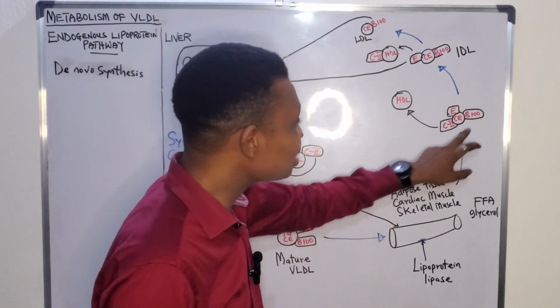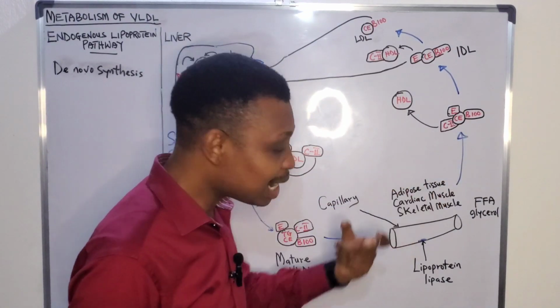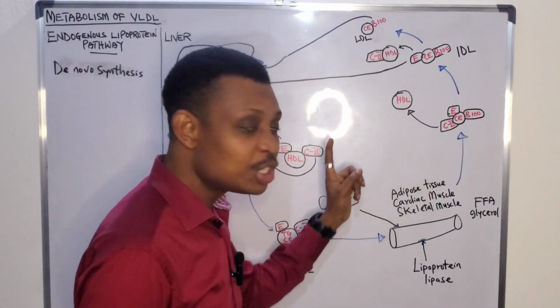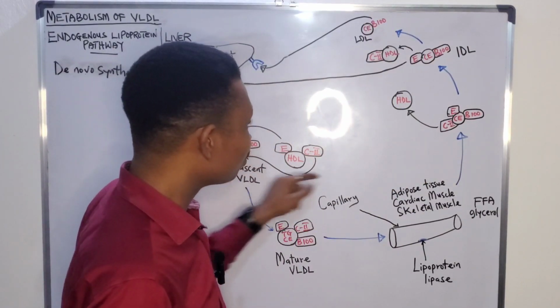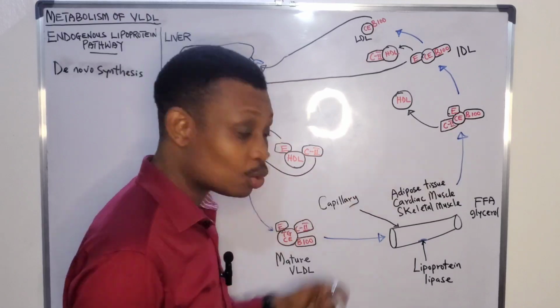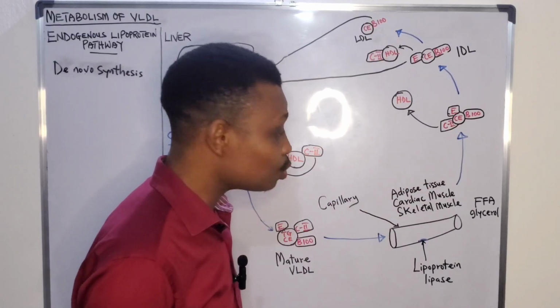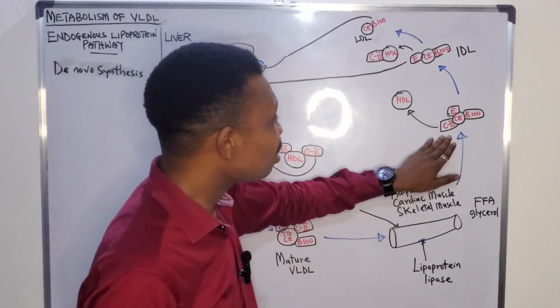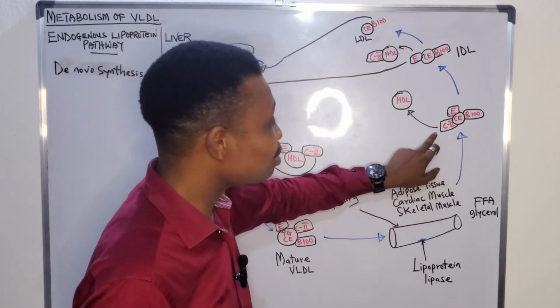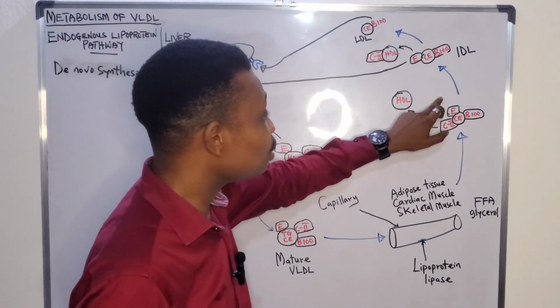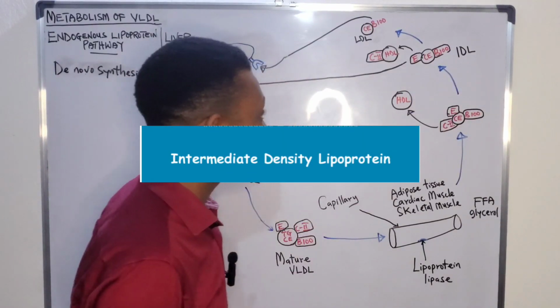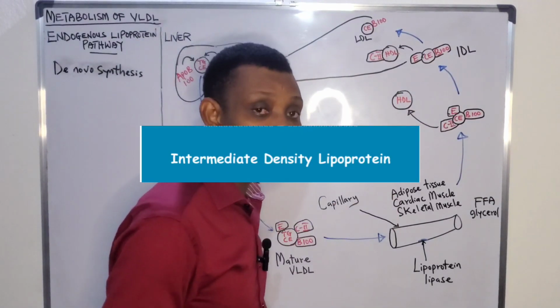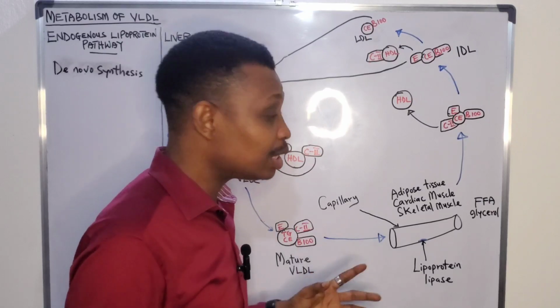But this time around, its association is to take back the apoprotein which it gave initially. So here it gave C2, and then here it is back to take back the ApoC2. And then once ApoC2 has been transferred to HDL, it will result in the formation of intermediate density lipoprotein.